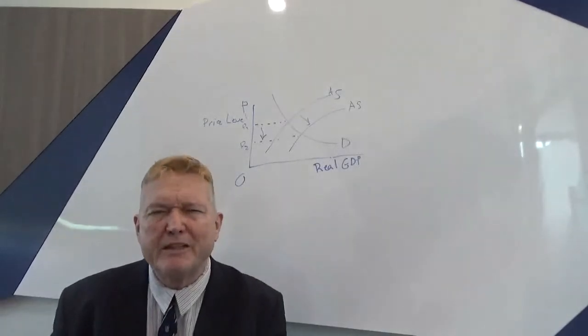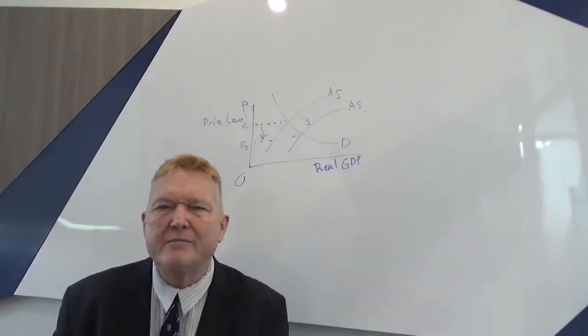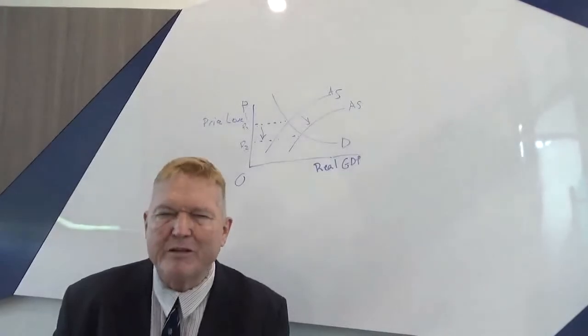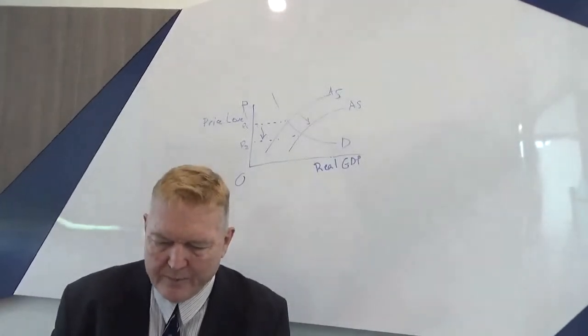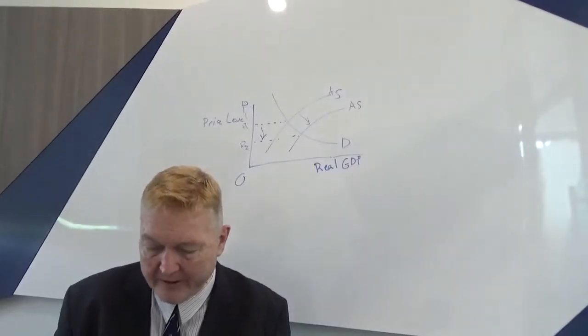We talked a bit about it yesterday, about how they operate in a fairly similar way to microeconomic supply and demand graphs, but don't forget you have to label it properly with the price level on the y-axis and the real GDP on the x-axis.